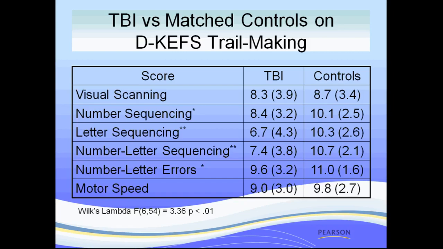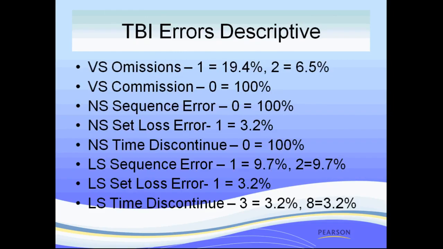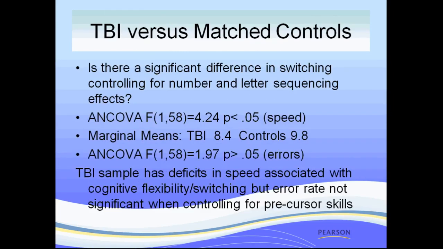Whereas number-letter sequencing is not an automatic task in kids. In fact, it's very difficult for kids to do. So you could slow down by a bit and still not look as impaired, and that's some of the things that you're picking up on here. But what we can do is look at this to see if we can control for the effects of the processing speed.